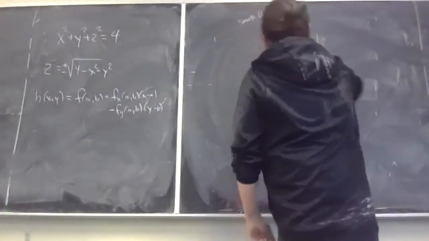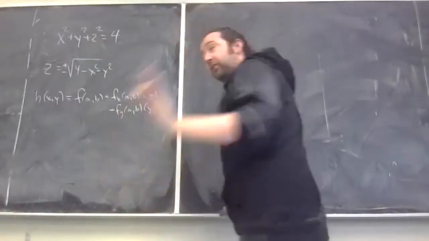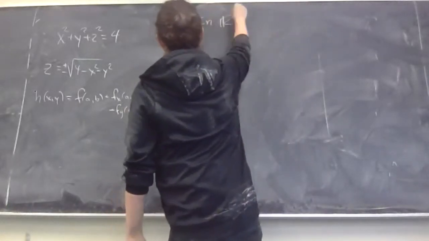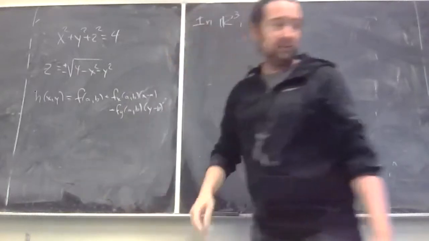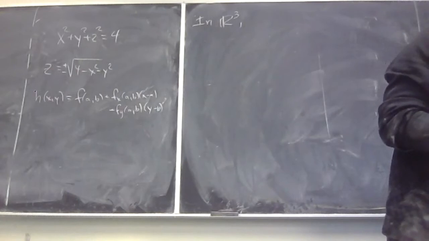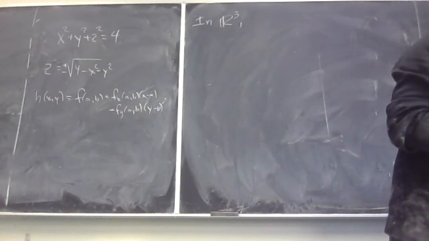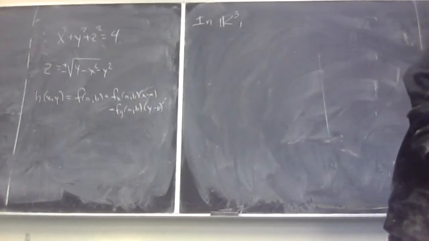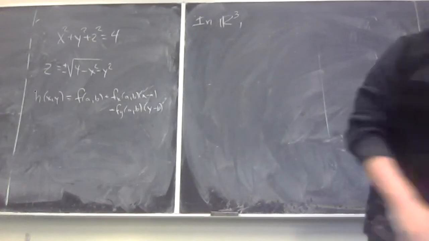So it turns out that in R3, this actually works in higher dimensions as well, but in R3 it's the easiest to justify. In R3, the easiest way to write the equation of the tangent plane is my theorem. That's the perpendicularity theorem. Here we go.